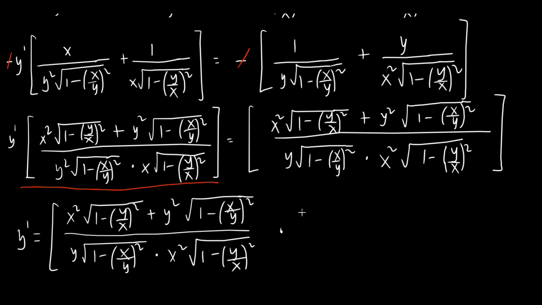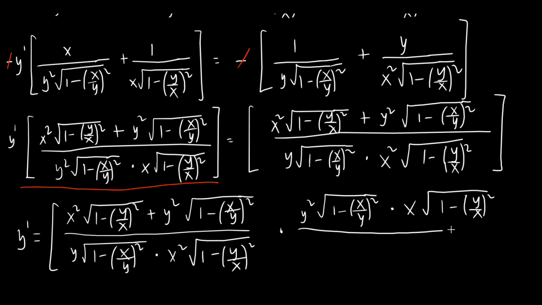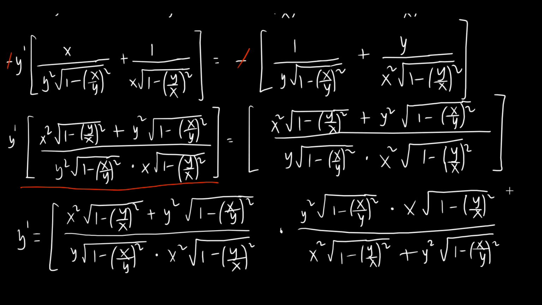So we have y squared multiplied by the square root of 1 minus (x over y) squared multiplied by x square root of 1 minus (y over x) squared, all over, just copy the numerator, x squared square root of 1 minus (y over x) squared plus y squared square root of 1 minus (x over y) squared, like that.